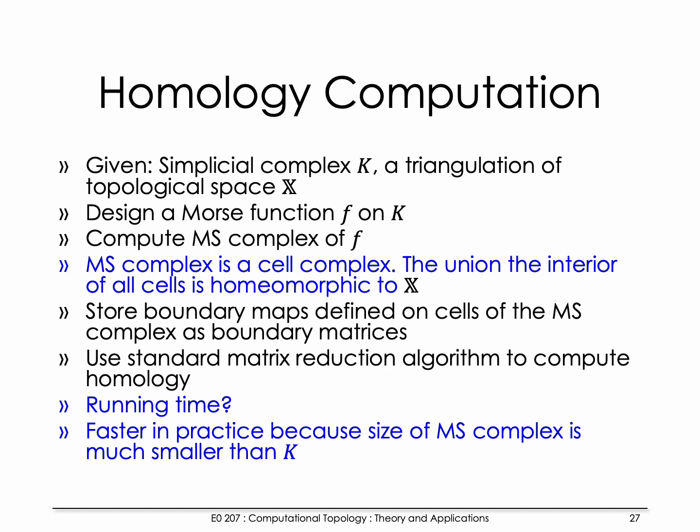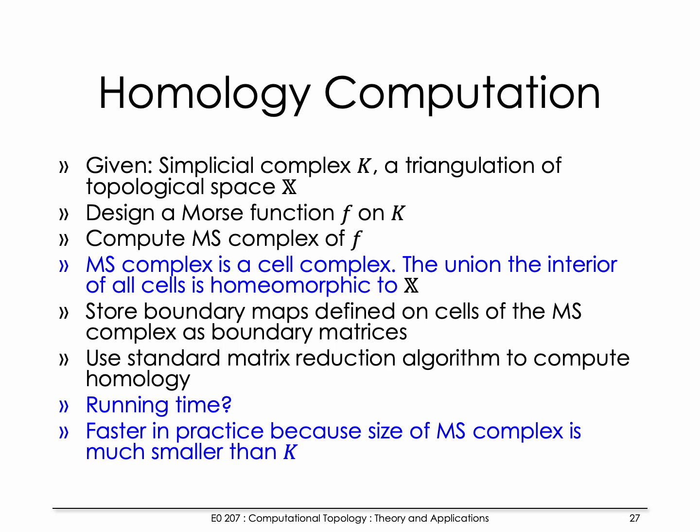And we know how to compute the homology of this space using the simplicial complex K, using the boundary matrices and so on. Here is an alternate solution. I design a Morse function f on K. Let's assume I know how to do this, right?